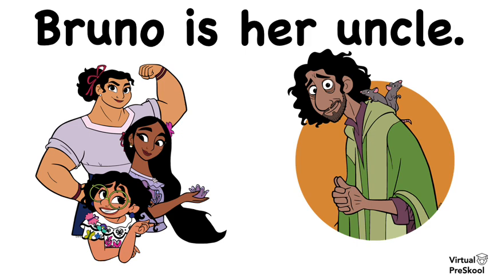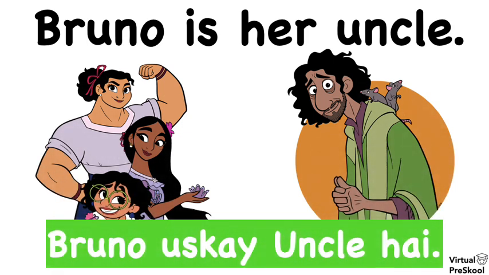All right, let's take a look at some sentence practice problems. Bruno is her uncle. How would we say this in Hindi? Bruno uske uncle hai. But wait a second. We have a singular plural noun, Bruno.